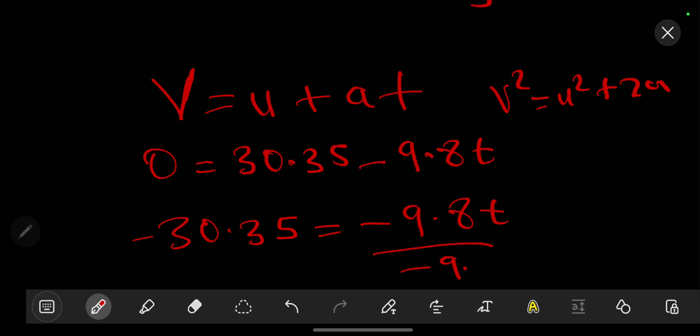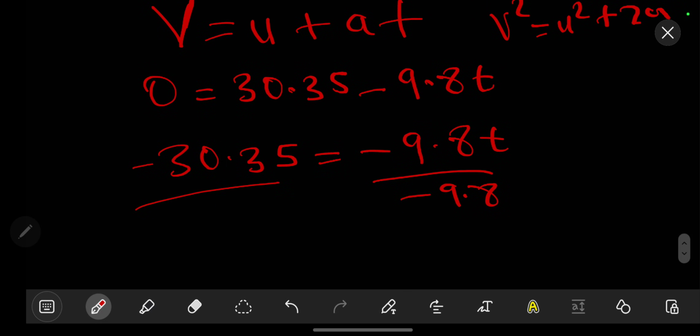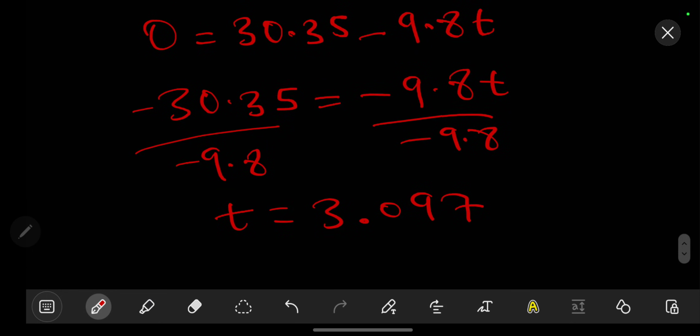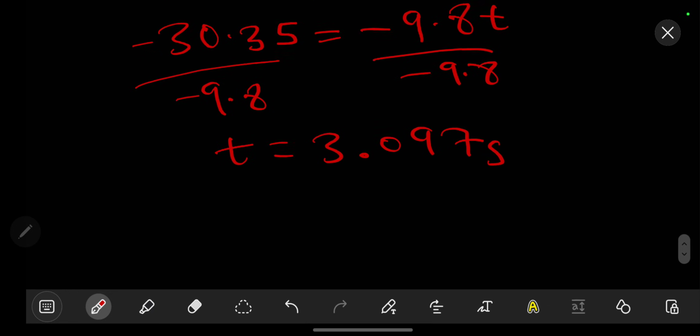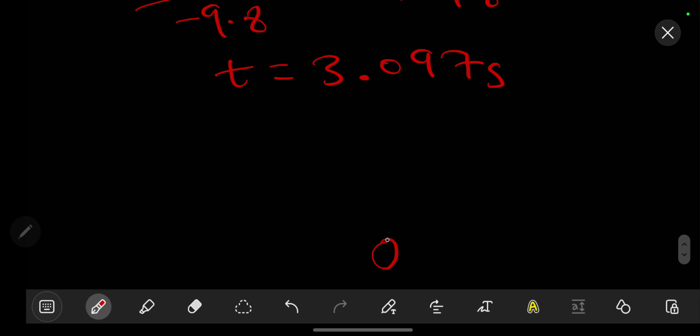We divide by negative 9.8. This is going to give us a t value, when we divide 30.35 by 9.8, of 3.097 seconds. So this is the time it will take to go up.